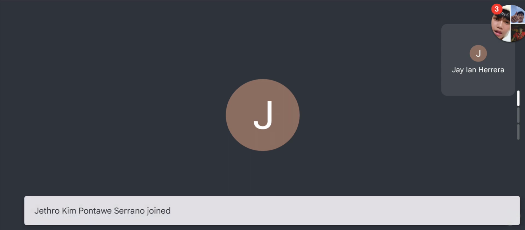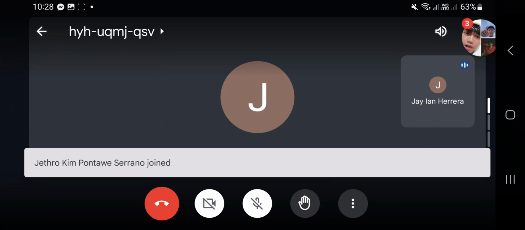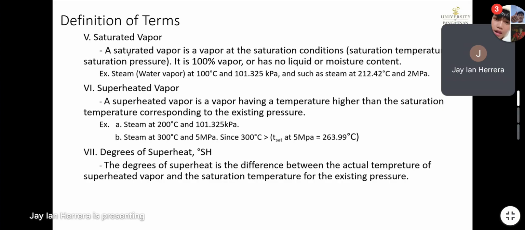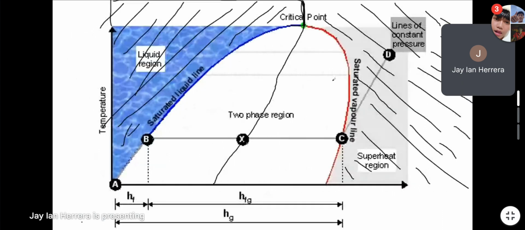It is 100% vapor. Ayan, yung saturated vapor natin is 100% vapor or has no liquid or moisture content. Ayan. So, pagbalikan natin kasi yung curve, ito yung saturated vapor natin. So, saturated vapor curve is in between the wet mixture and then the superheated region.